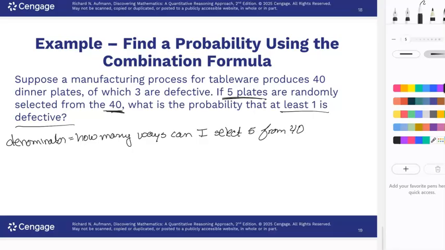So it's nCr. So it's 40 choose 5. So it's going to be 40 factorial over 5 factorial, 40 minus 5 factorial. So 40 factorial divided by 5 factorial, and this would be 35 factorial.